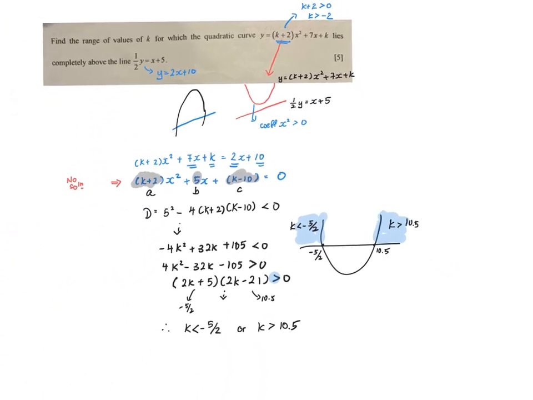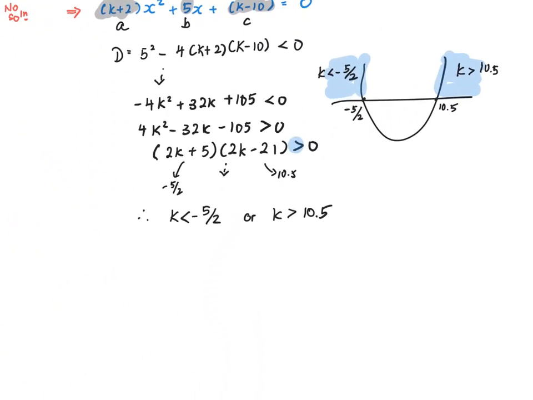Linking this over here, we have to reject k less than minus 5 over 2, and therefore our final answer is that k is greater than 10.5. Okay, that is all for this question.